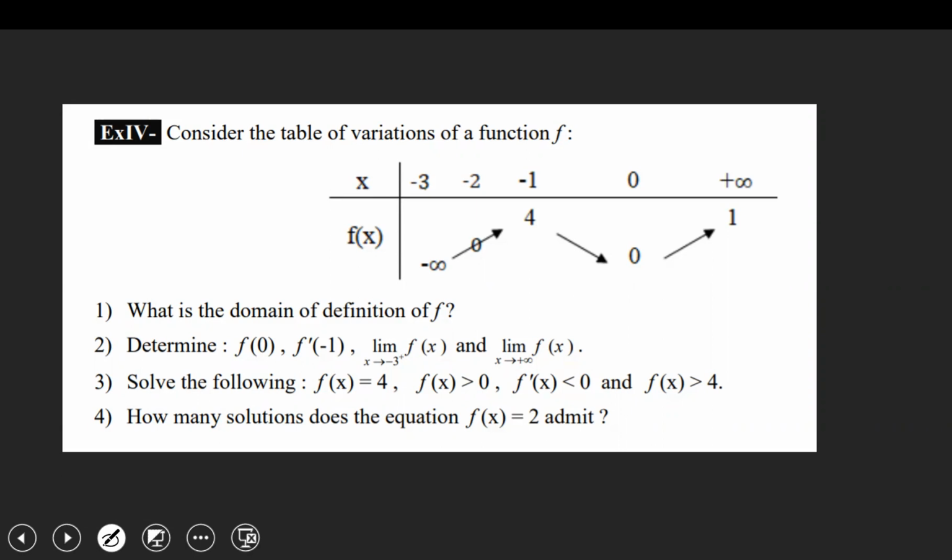Solve the following equations. f of x equal to 4 means y equal to 4. As you see, let's think about this curve, now that we have learned how to draw curves. This function is coming from minus infinity, going up until 4, then goes down to 0, then up to 1.